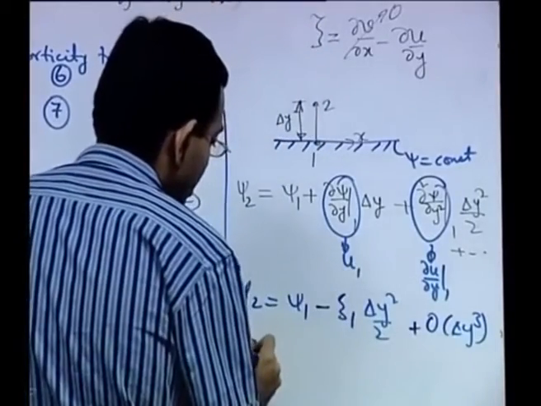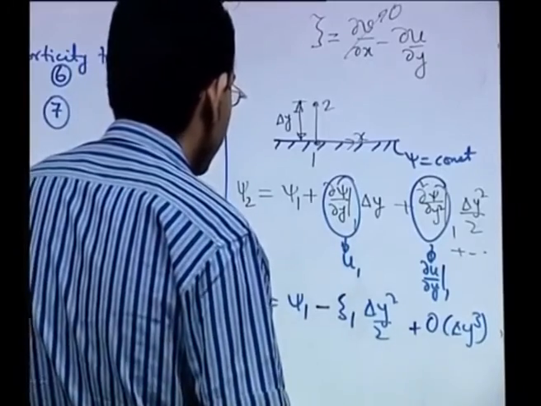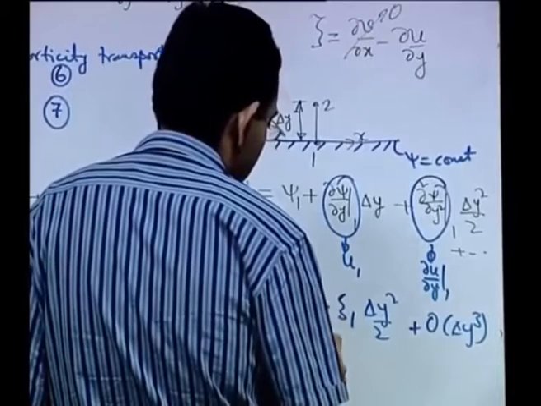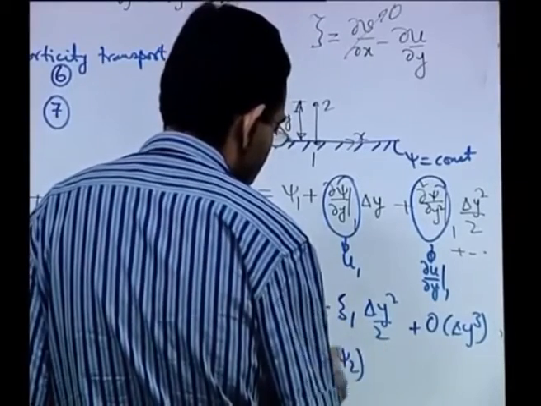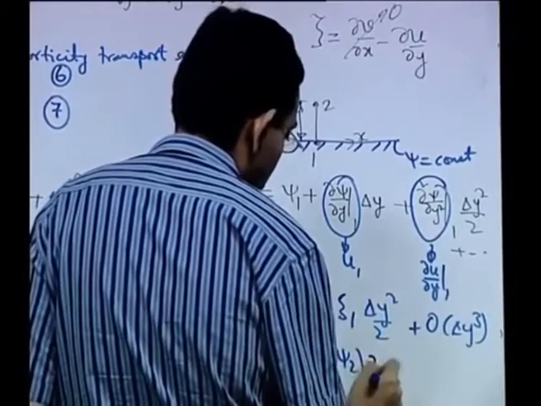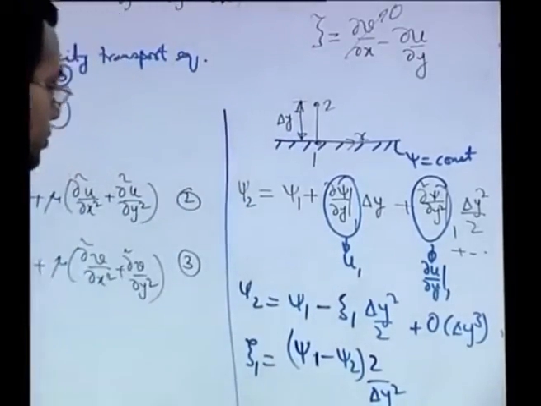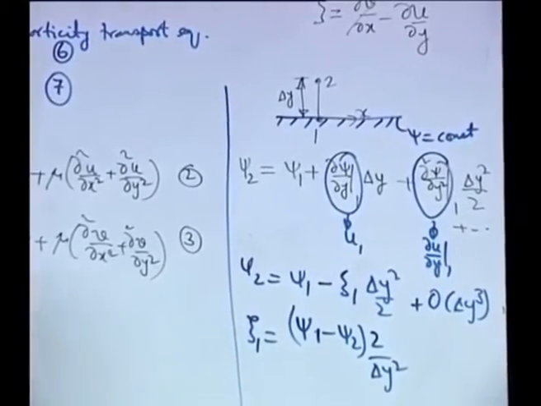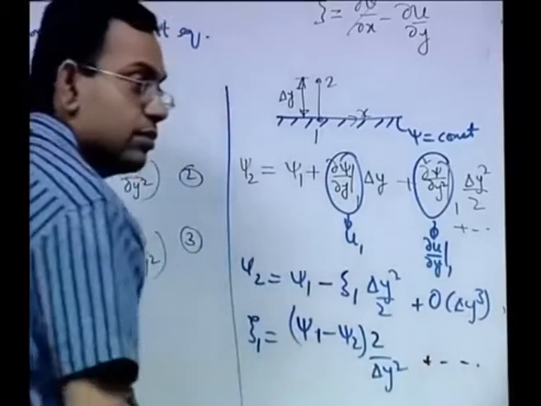So you can write zeta 1 as psi 1 minus psi 2, into 2 by delta y square. Then of course the error term is there.